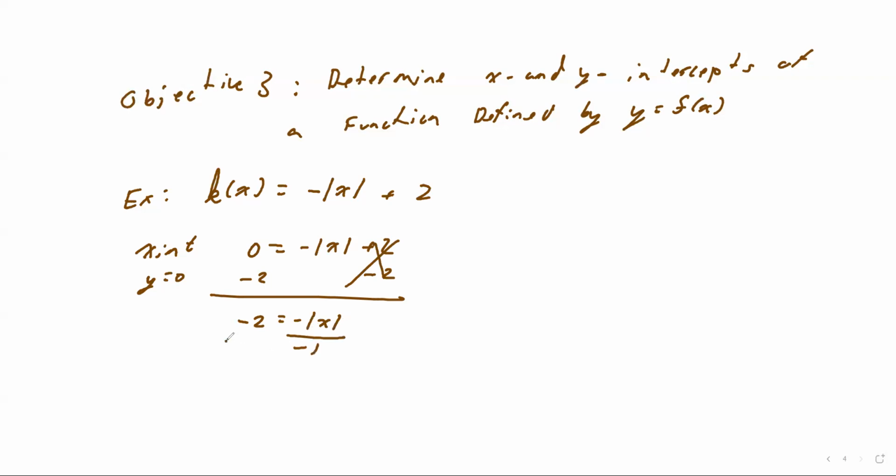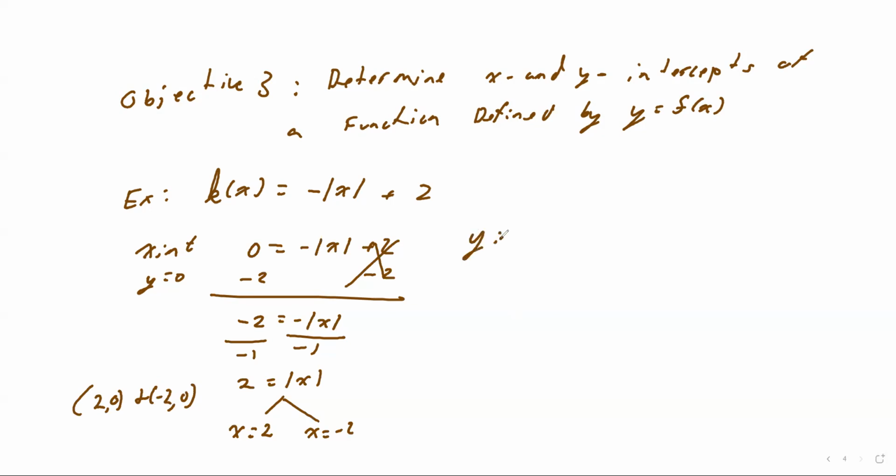Divide by -1 to get rid of that negative. So I get 2 equals the absolute value of x. And then recall that two numbers can do that. So x equals 2 and x equals -2. Again, I'm good here. Your homework may want you to write it as coordinates as such.